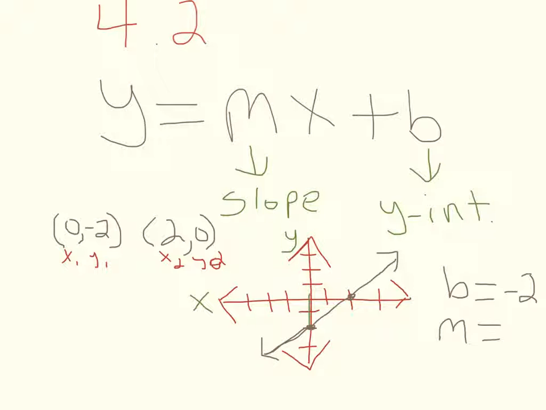So my rise is 2. Well, let's find the run. How far over do we have to go? Because I went up, it's a +2. How far to the right would I go to get to this point? 1, 2. The run would be 2 as well. So 2 over 2 would be my slope.